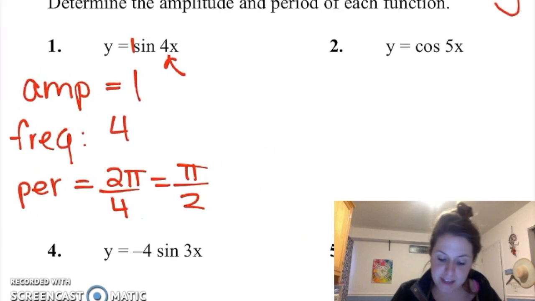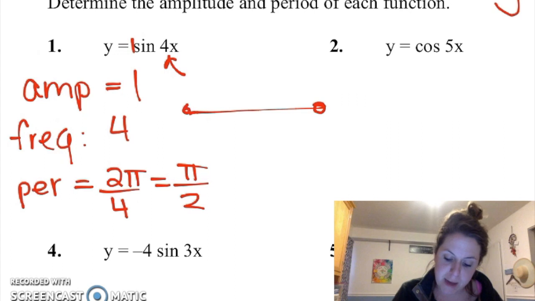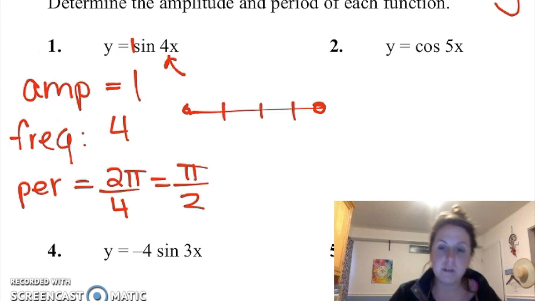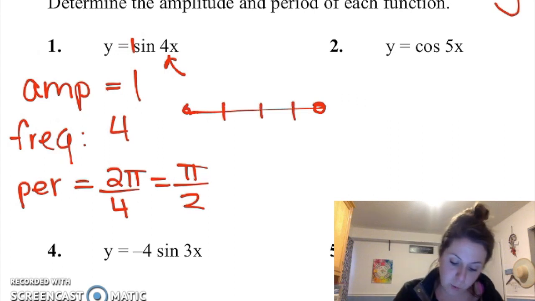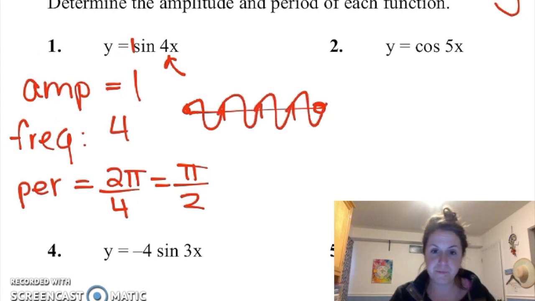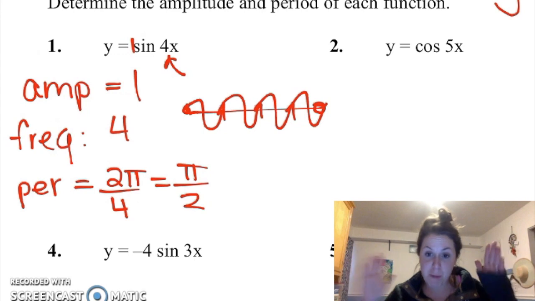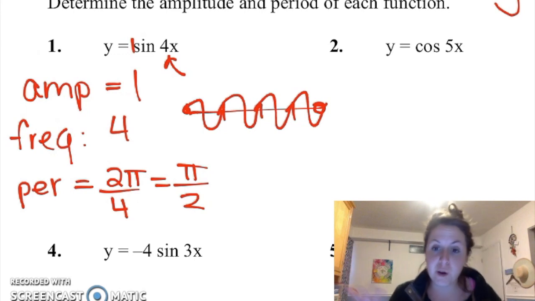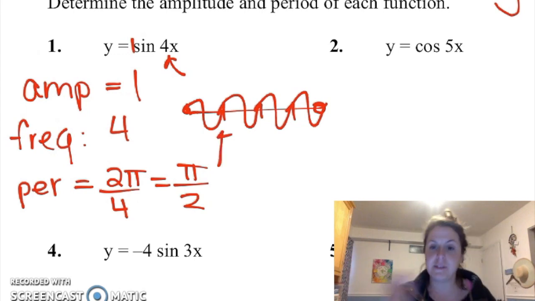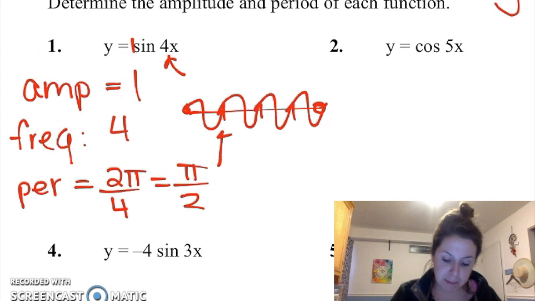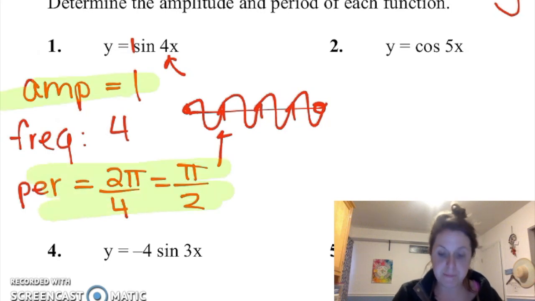And hopefully that makes sense. If what I'm saying is from 0 to 2 pi, I'm fitting 4 full curves, right? So 1 full curve, 2 full curves, 3 full curves, 4 full curves. Then if that is 2 pi, I'm breaking it up into 4 parts. Each one would have to be half a pi. So this is my amplitude, and that is the period.